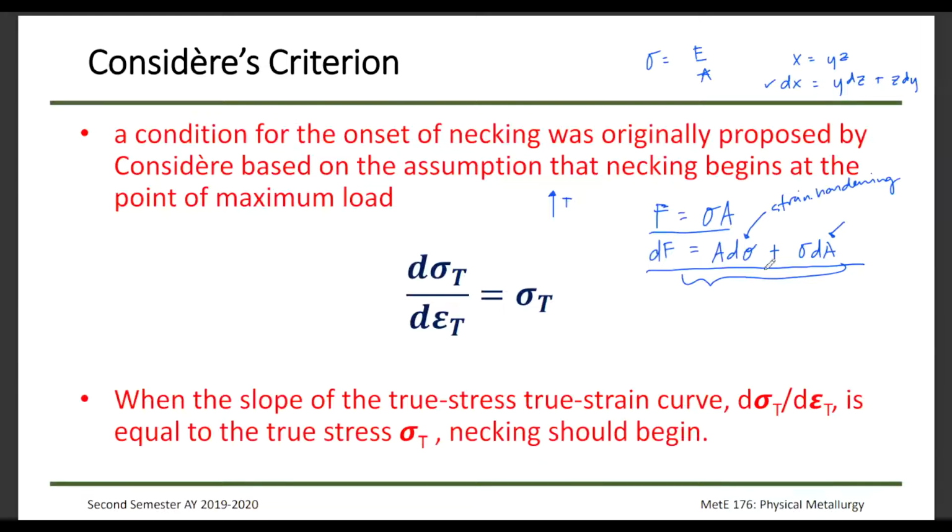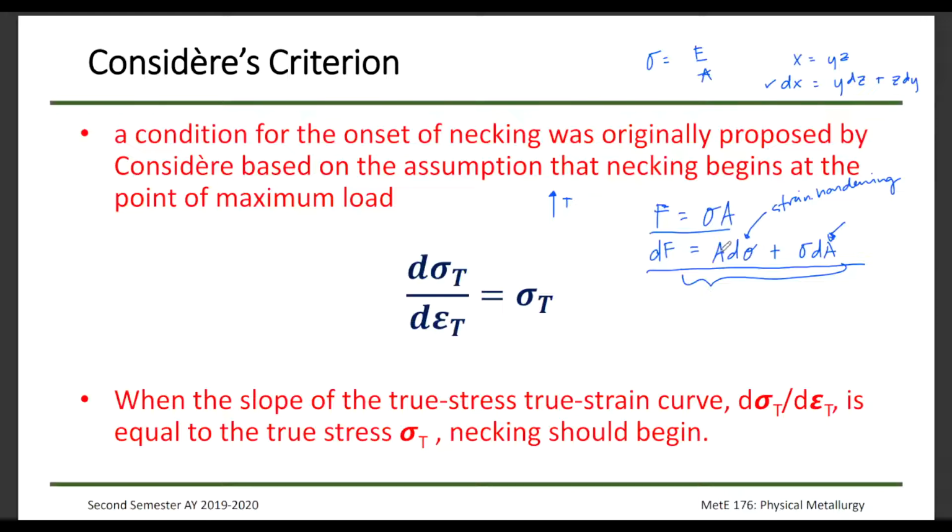Okay? So ang sinasabi dito again is yung force required mo is actually a function of the strain hardening as well as the change in the area. So tumataas siya dahil nagsi-strain harden, at the same time bumababa yung load bearing capacity ng material mo dahil lumiliit yung area, no?